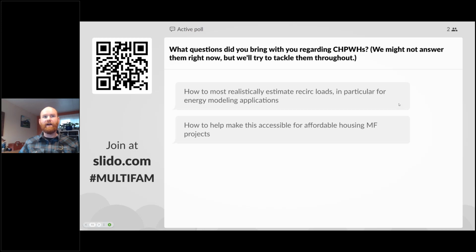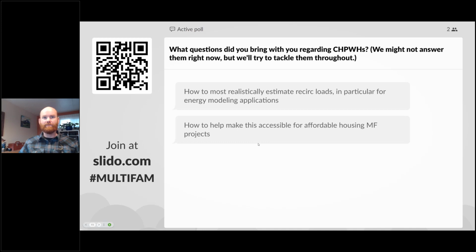And so that recirc system adds a load, and that load can be problematic for certain heat pumps. So it's really good that we understand that load, both how we are treating it and the scale or size of it. We can give you some rules of thumb for estimating that load later today.